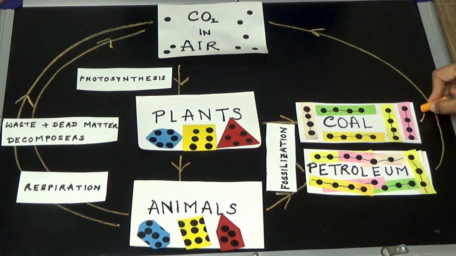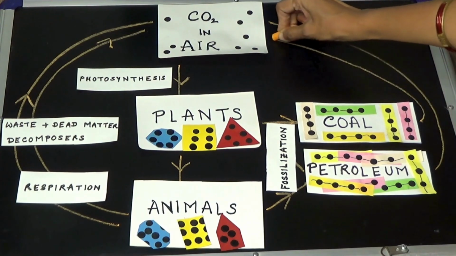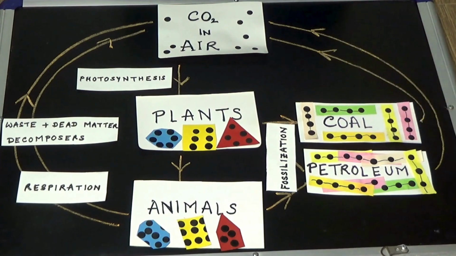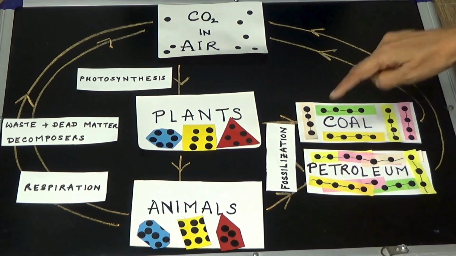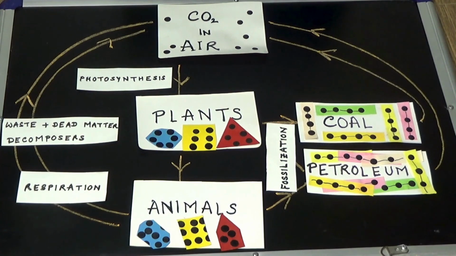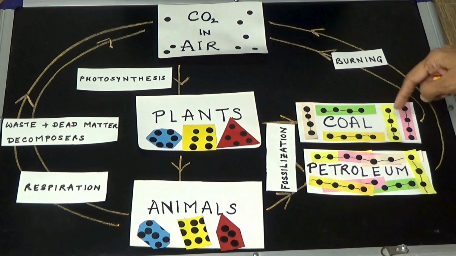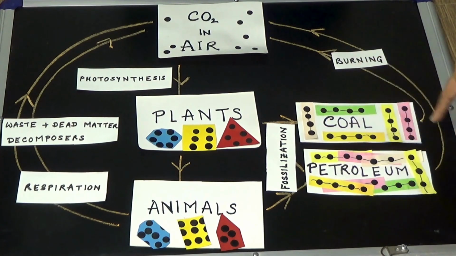So through this burning, over a very short time, over just more than a century, a whole lot of carbon which was trapped over millions of years under the earth is now reaching back into air as carbon dioxide.